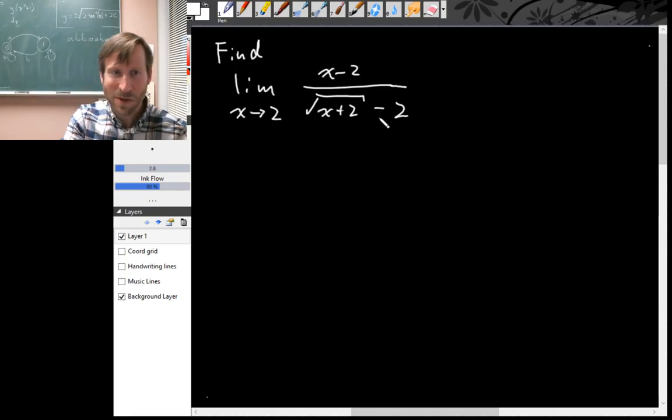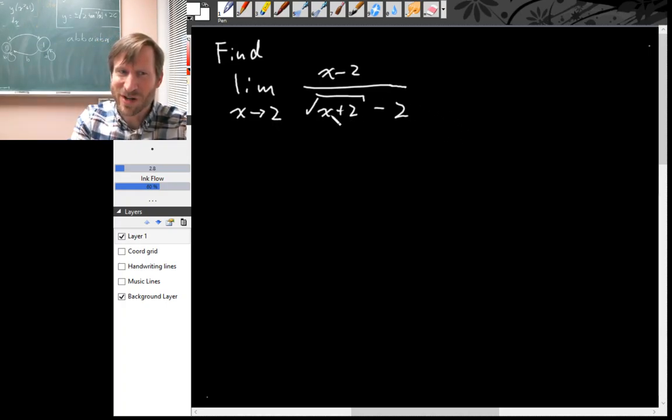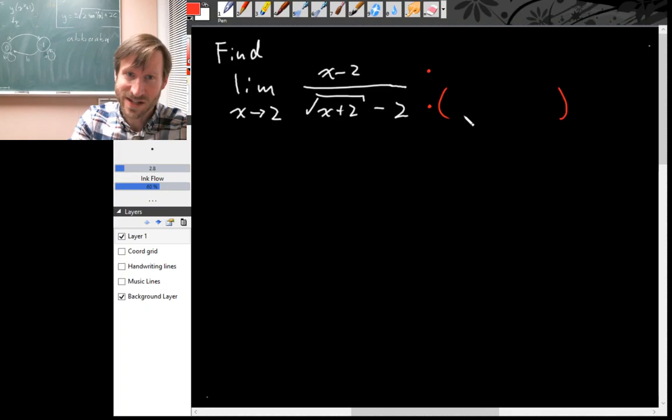the only thing that really pops out at me is the square root in the denominator. One algebraic trick that you can do when you have a square root in the denominator is to multiply the numerator and denominator by the conjugate of the denominator. And that means multiply the numerator and denominator by the same square root stuff in the denominator, so square root of x plus 2 and 2.